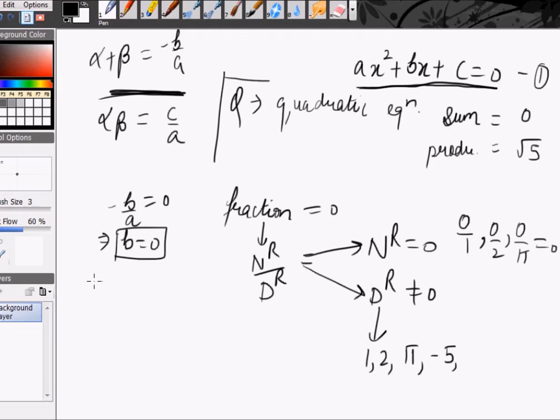Now product, that is alpha beta, equals under root of 5 for the given question, which implies c over a equals under root of 5. Now to simplify this equation, we can write this equation in another form.